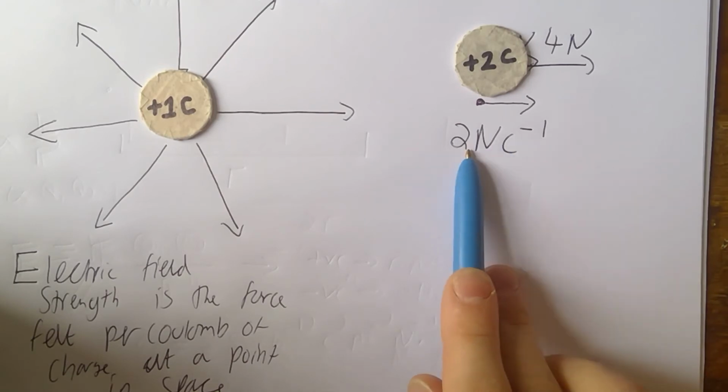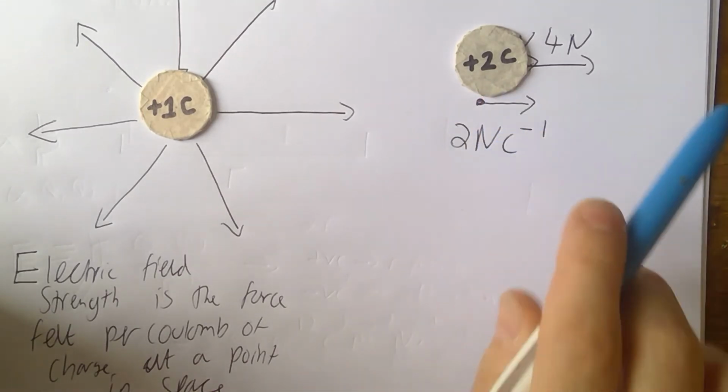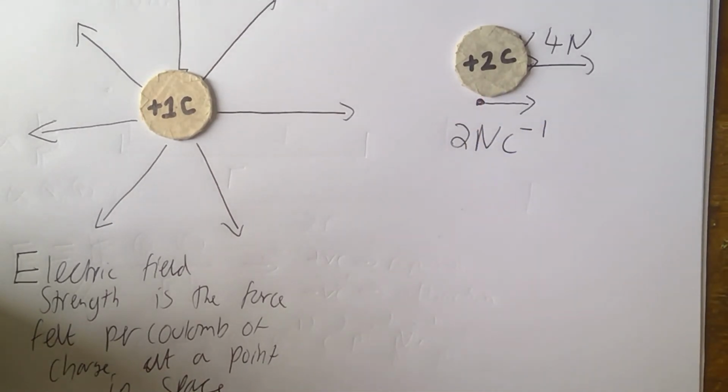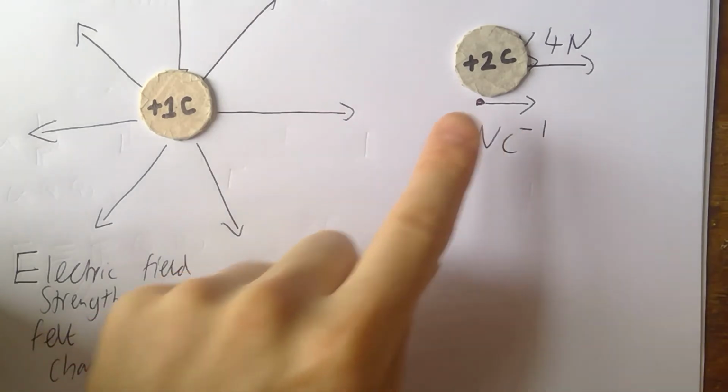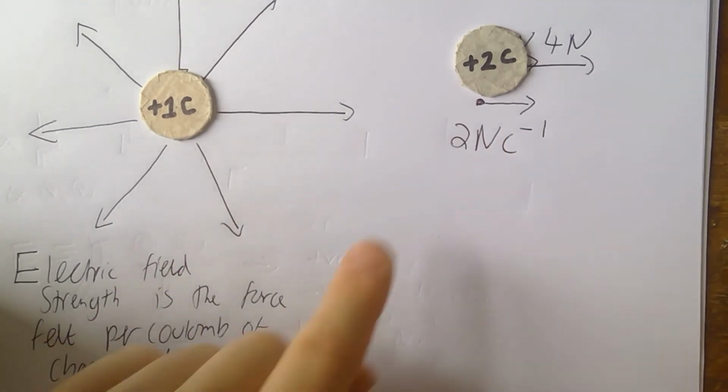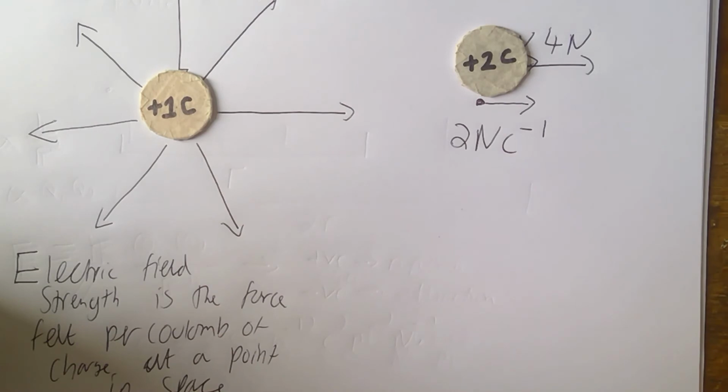Every coulomb feels 2 newtons. So it'd be 4 newtons of force there. Hopefully this shows why the force between charged particles is proportional to the product of those charges. I've doubled the charge, I've got double the force there.